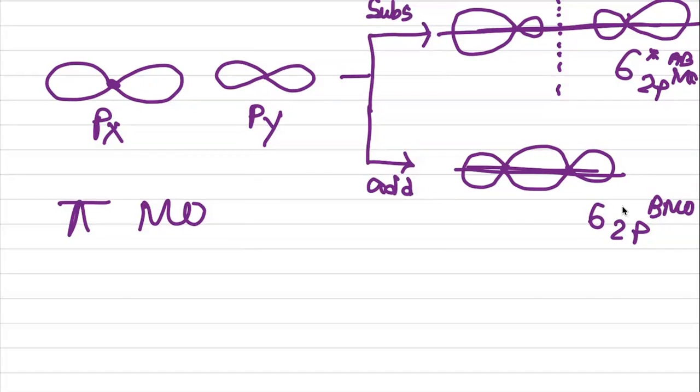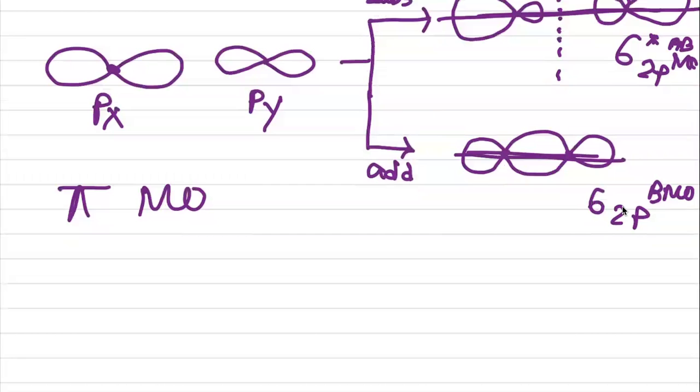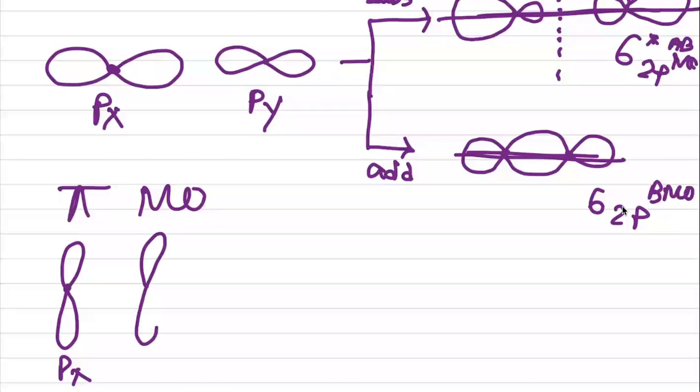And if I consider pi molecular orbital, sideways overlapping will take place. So see here, this is px, and another orbital over here is py.